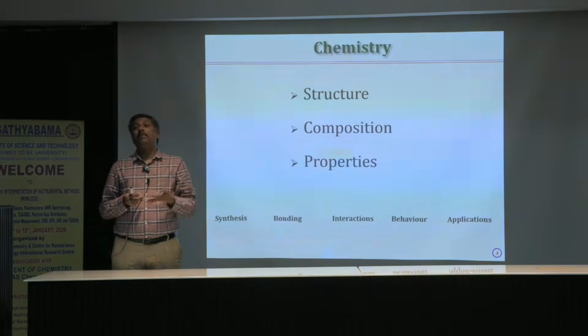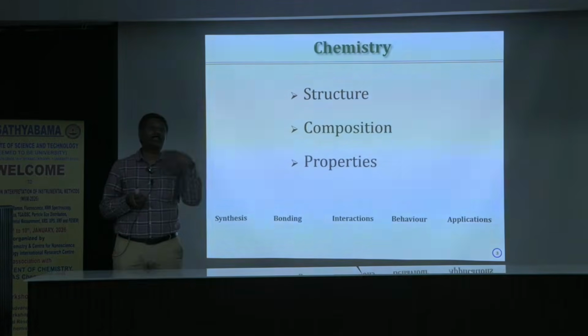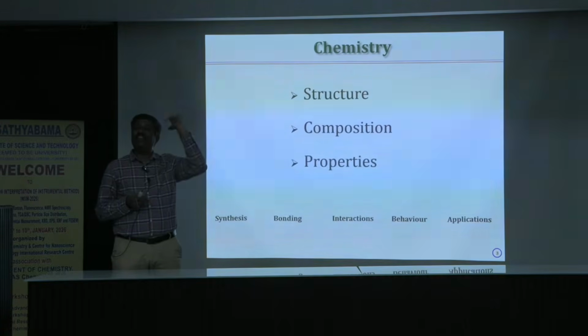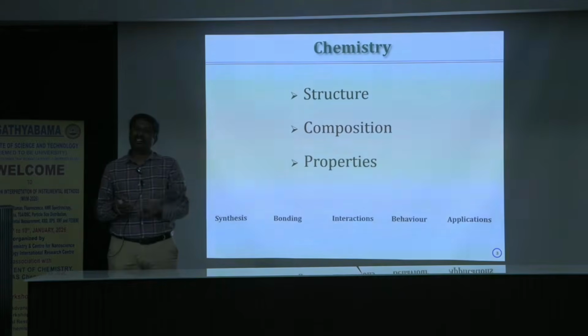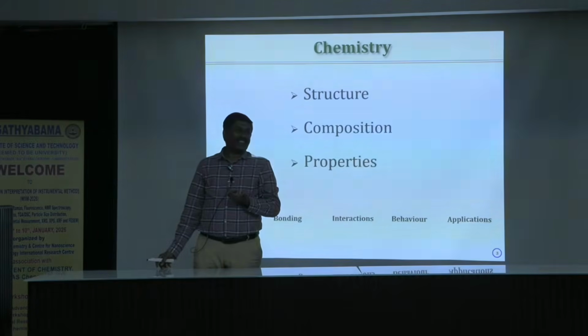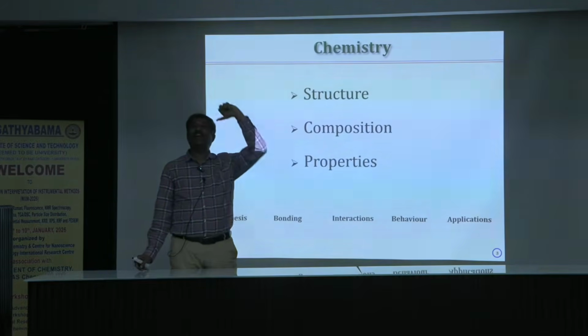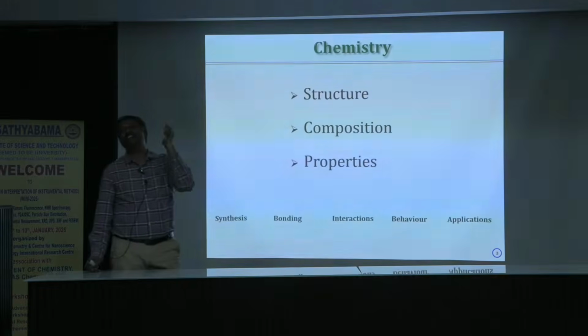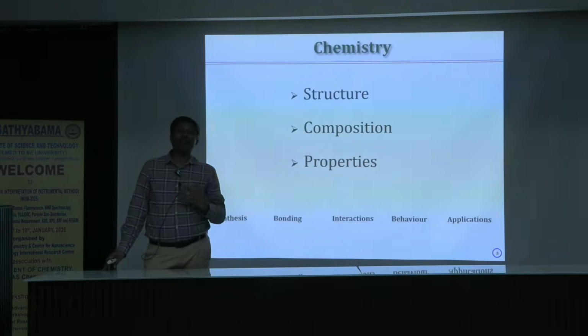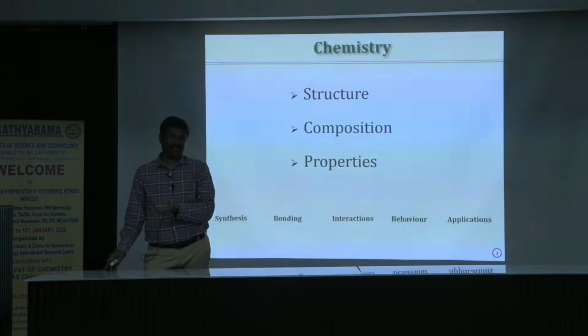Design. People use either experience, or literature, or computational methods, or AI nowadays. So design, synthesis, characterization. Before characterization, one more key step is there. Anybody remember? Purification. Okay, so design, synthesis, purification, characterization, and why we synthesize: we want to understand their properties.